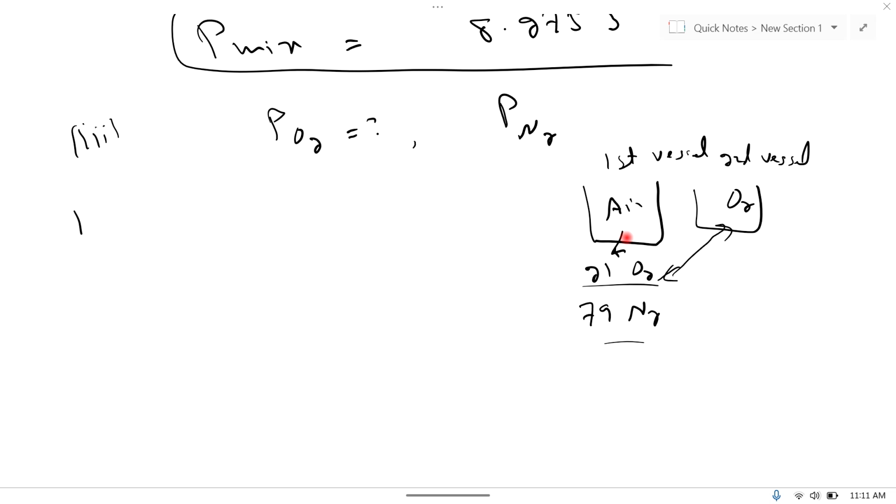The number of moles of air is basically PV divided by RT, but here R is the universal gas constant.